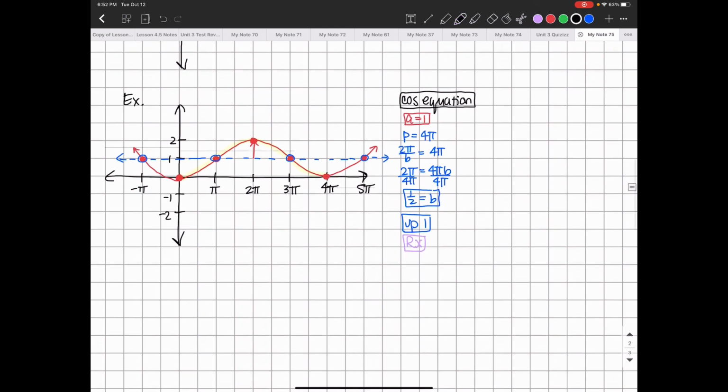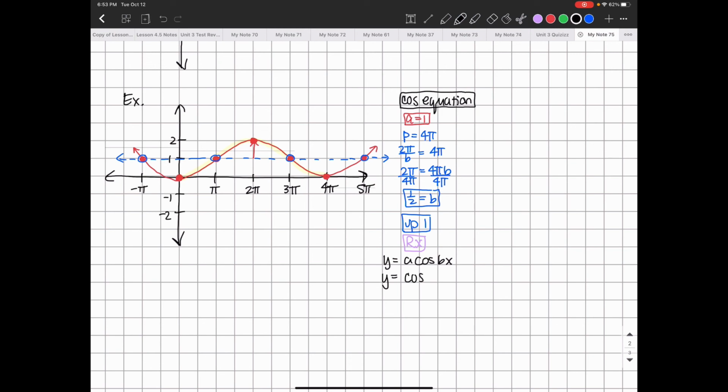Now that I've looked at everything I'm supposed to look at, I'm going to use y is equal to a times cosine b of x as a foundation, and then I'm going to plug in the things that I know. So I have y is equal to a is 1. I don't need to write 1. So I'm just going to write cosine.